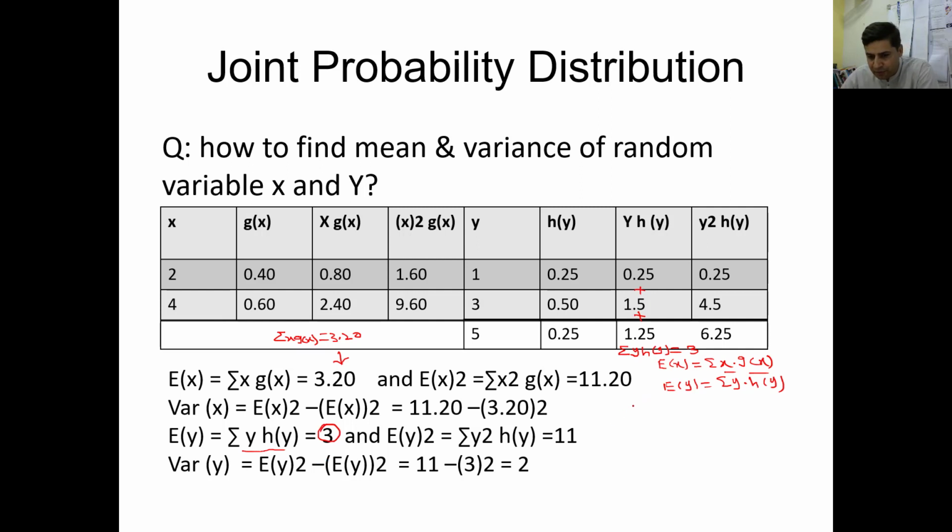Similarly, you people also know that the formula for the variance of x is E(x squared) minus E(x) whole squared. In order to calculate this, we first need E(x squared).